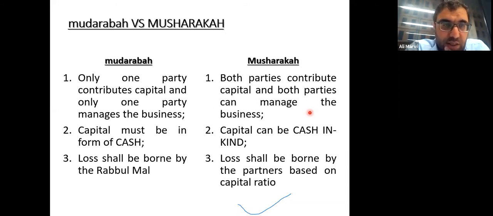The second difference is that in mudariba, capital must be in the form of cash, but in musharika, capital can be cash or in kind. And finally, in mudariba, loss shall be borne by the Rabbul Mal, or the capital provider, but in musharika, loss shall be borne by the partners based on capital ratio.